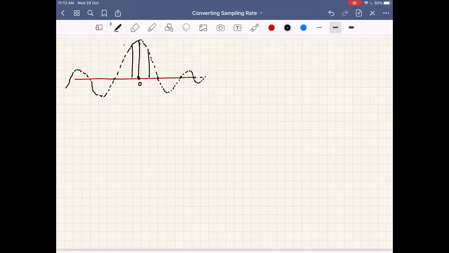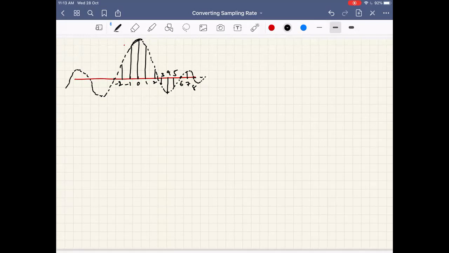Let us put the indices: 0, 1, 2, 3, 4, 5, 6, 7, 8, and so on.